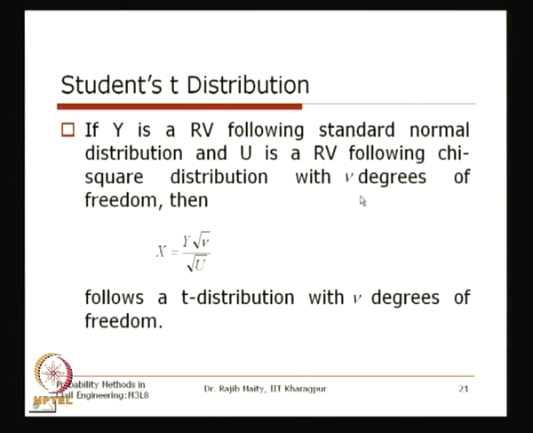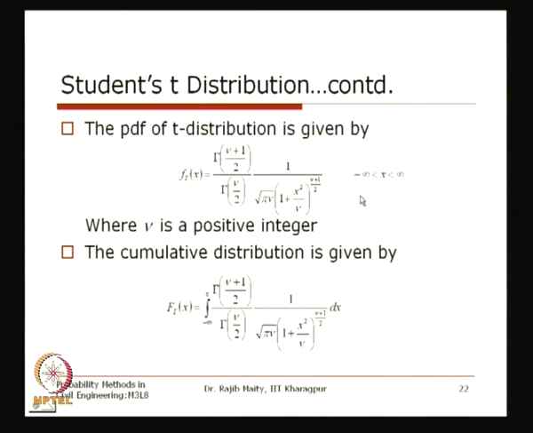This is known as the T distribution or student T distribution with degrees of freedom equal to nu. Its PDF is given by this form: gamma of (nu plus 1) divided by 2, divided by gamma of nu by 2. This is the normalizing constant to make sure that the total area under this PDF equals 1, multiplied by 1 by square root of pi nu, multiplied by (1 plus x square by nu) to the power of minus (nu plus 1) by 2.